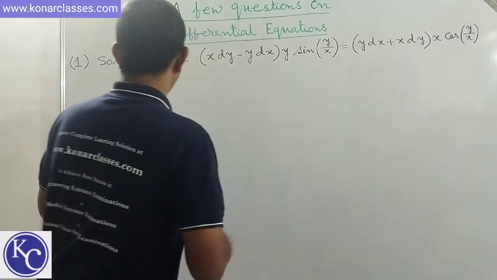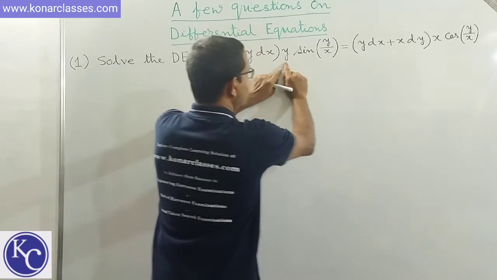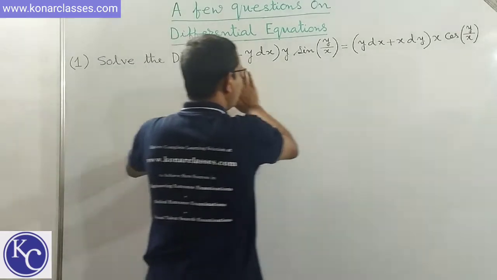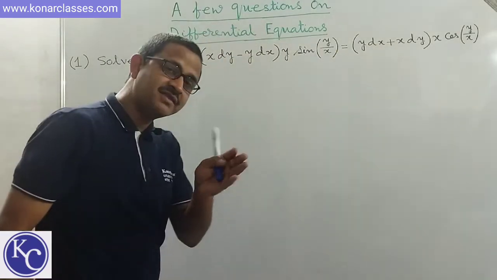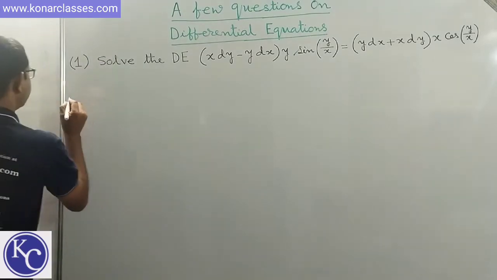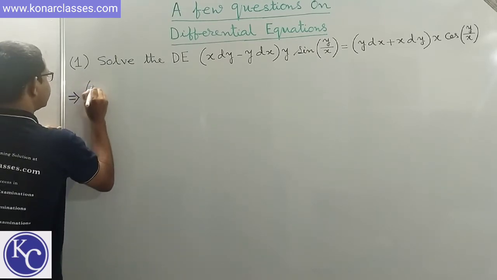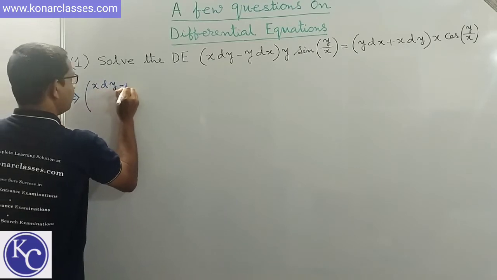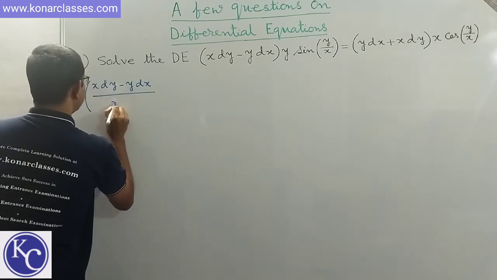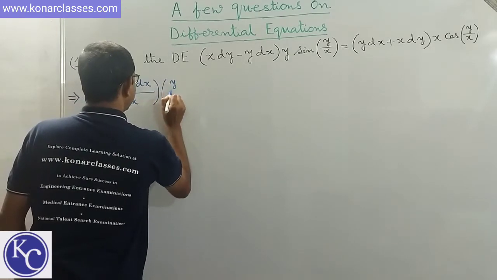Now, to express this in terms of y by x, what we can do is divide both sides of this equation by x square dx. That means, from this given differential equation, we are going to get (x dy minus y dx) divided by x dx, into y by x.